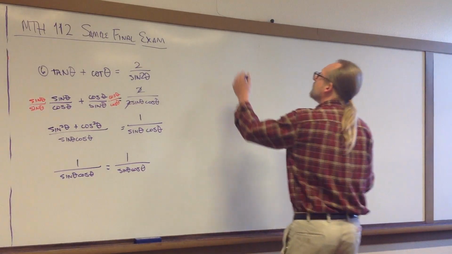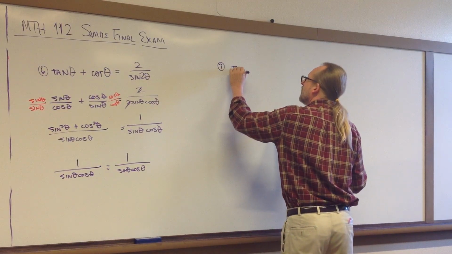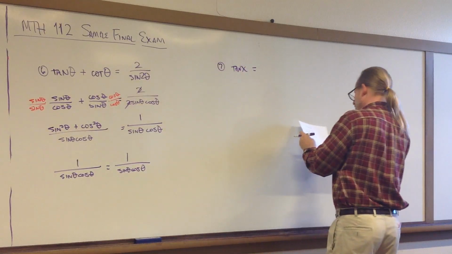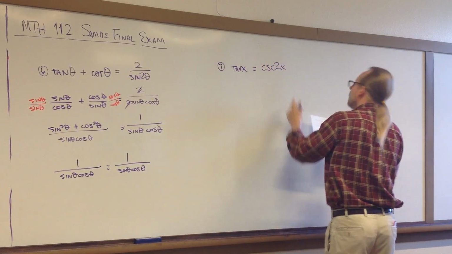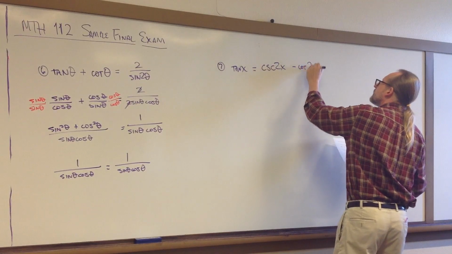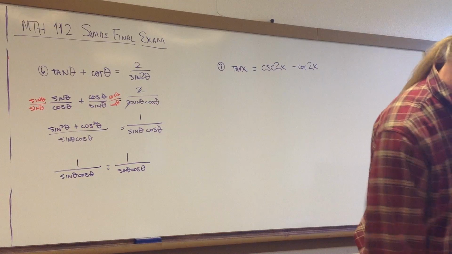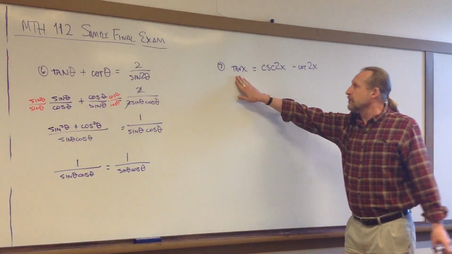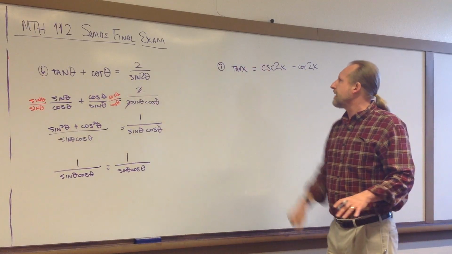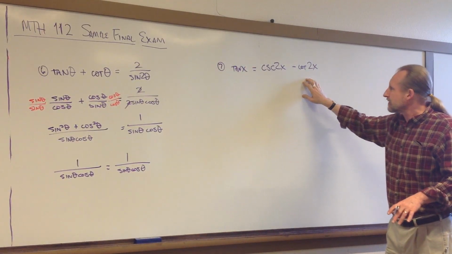All right, let's see here. Problem 7. Tangent x equals cosecant 2x minus cotangent 2x. Okay. Well, we may in the end rewrite this as sine x over cosine x, but for right now I'm going to leave that alone. I'm going to focus on these because we don't have identities for these, okay?